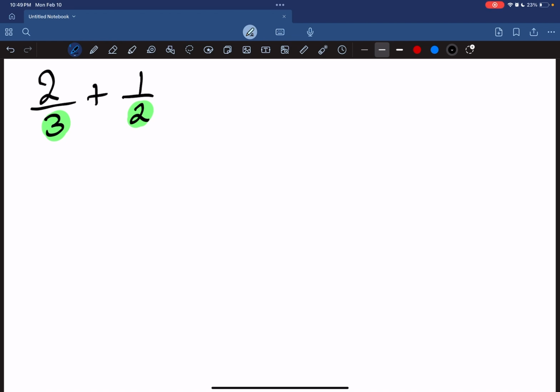Or the common denominator can be any value that 3 and 2 can go into. The purpose of using our LCM, which is the lowest one, is to help us eliminate the need for reducing at the end.